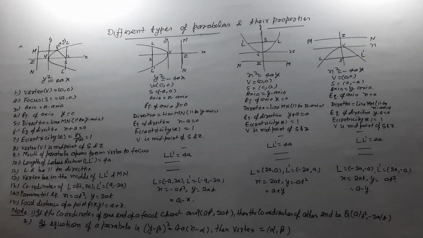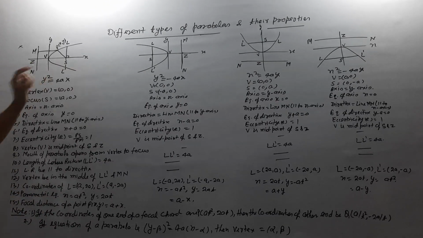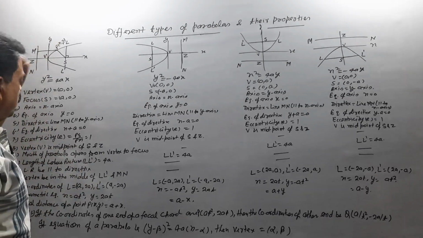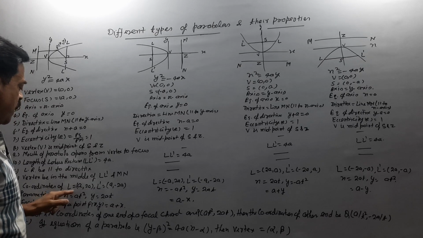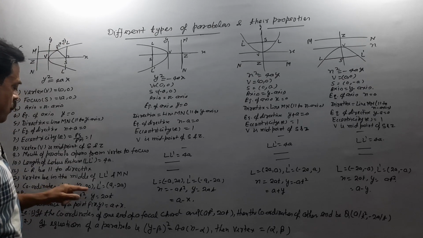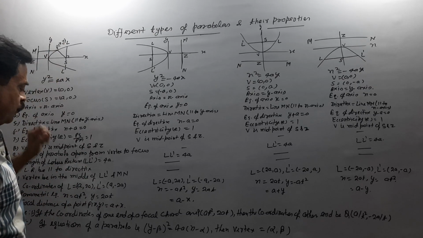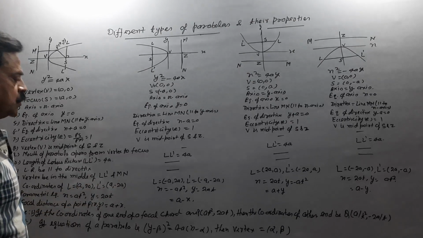Coordinates of L and L dash, the ends of the latus rectum. In this parabola, the coordinates of L are (a, 2a), and L dash is lying in the 4th quadrant, so (a, -2a).